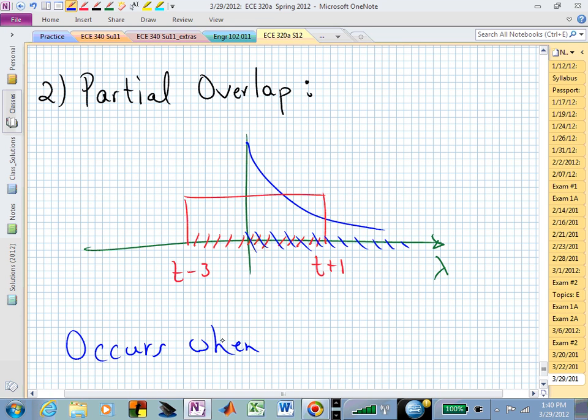When does this pattern occur? Anything special have to happen with t plus 1? It has to be bigger than 0. And to remain partially overlapped, we also need to AND that with t minus 3 being less than 0.